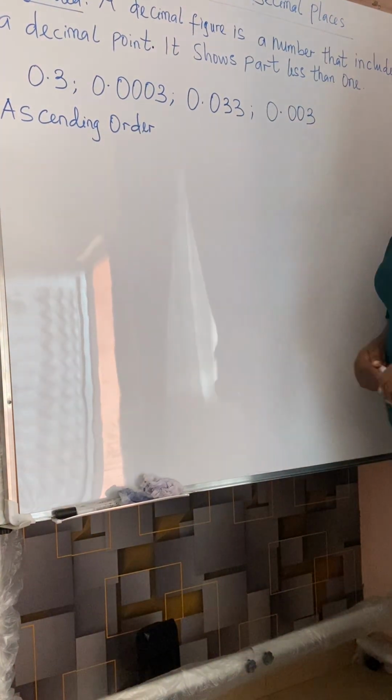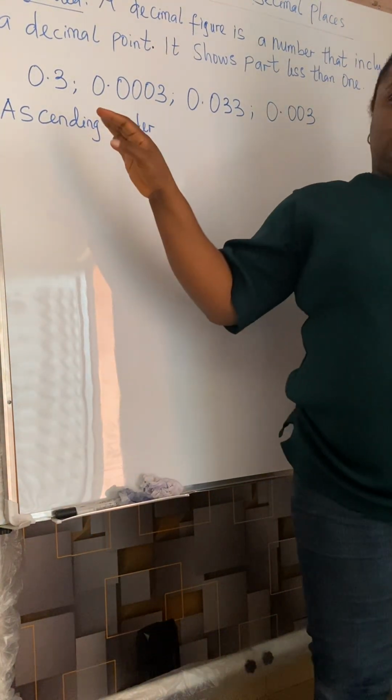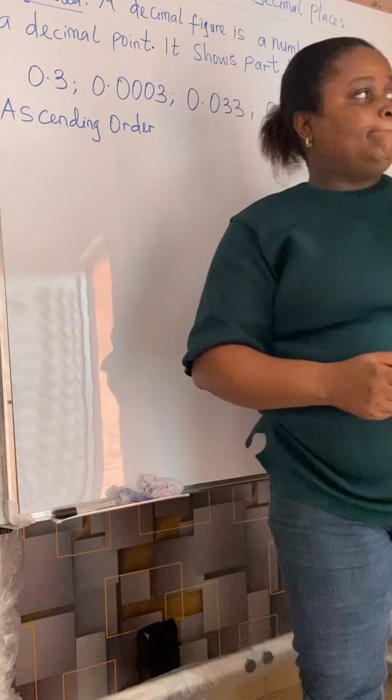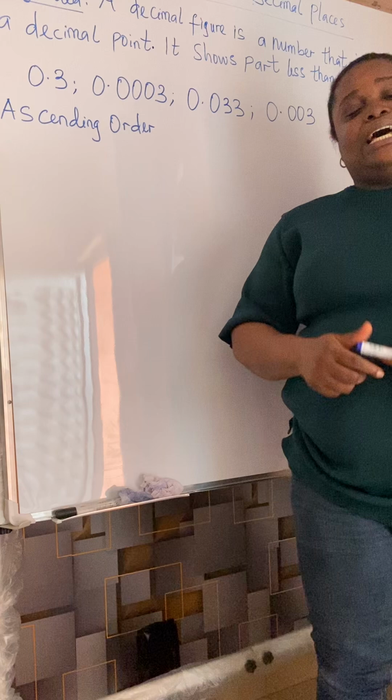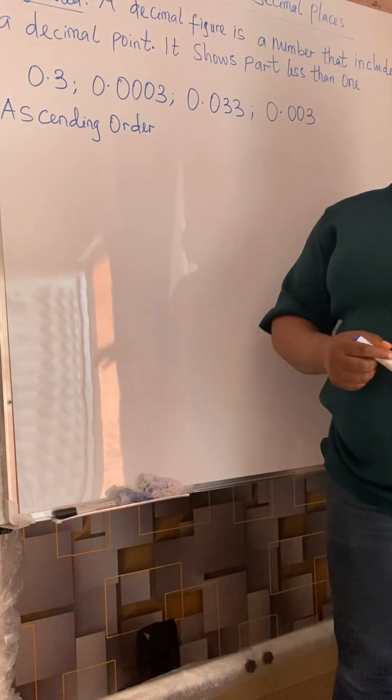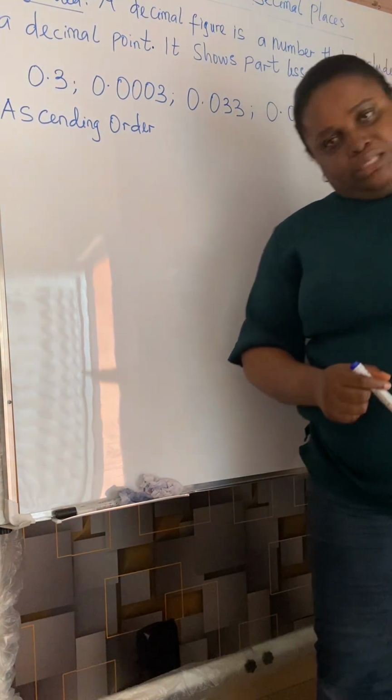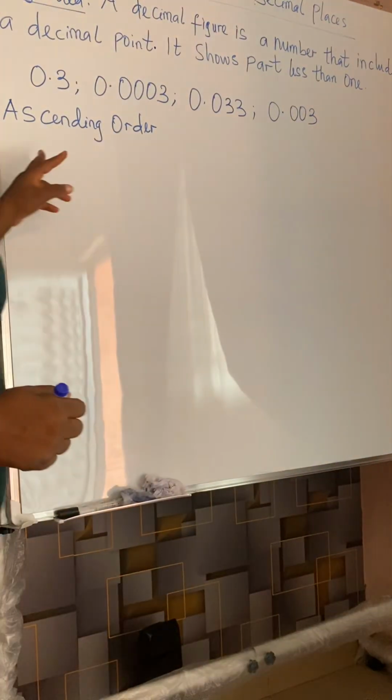All right. So to arrange this in ascending order, first thing I need us to know is that ascending order means from smallest to the largest.